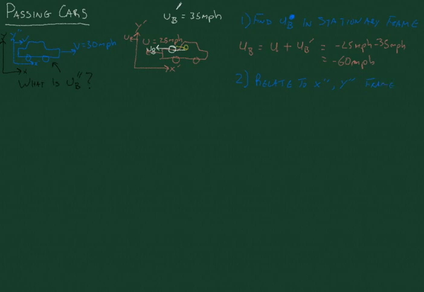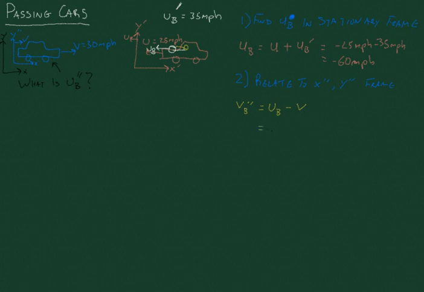Right, so now we go back to our equations again, and so recall that VB double prime is going to be VB minus V. So the velocity of the ball is going to be the velocity of the ball in the rest frame, which should be UB, minus V, the velocity of the car's frame.